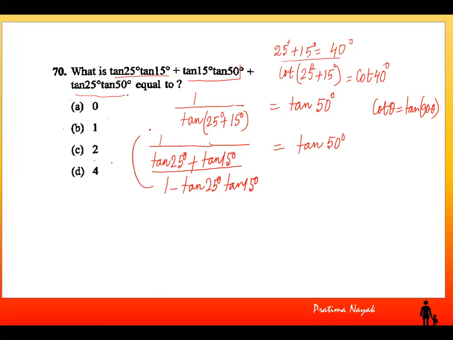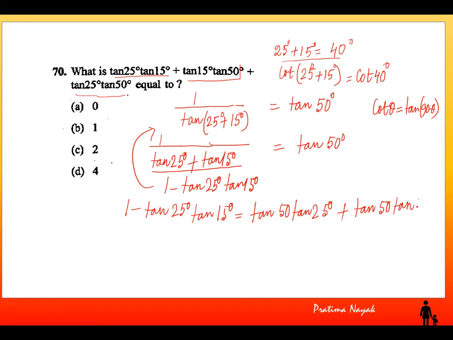Now this I am taking as the numerator. So 1 minus tan 25 degrees tan 15 degrees is equal to, I am cross multiplying, tan 50 tan 25 plus tan 50 tan 15 degrees. If I shift this to this side, then the answer will be 1.